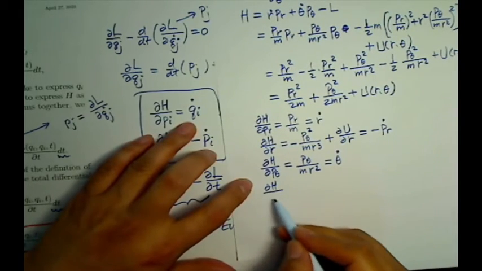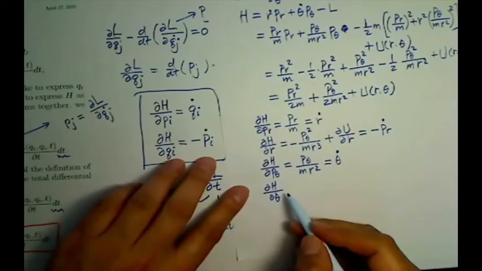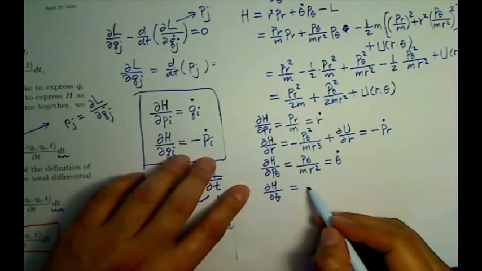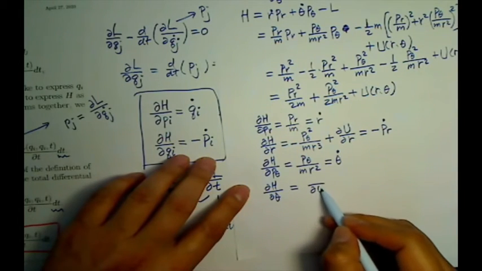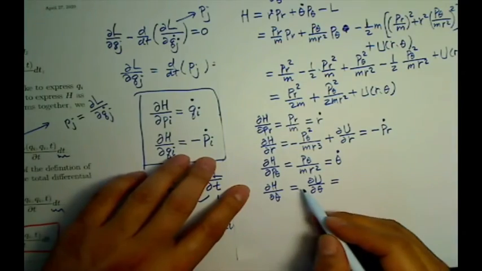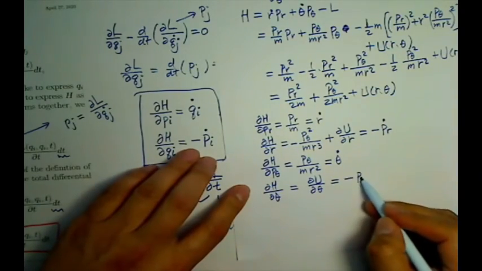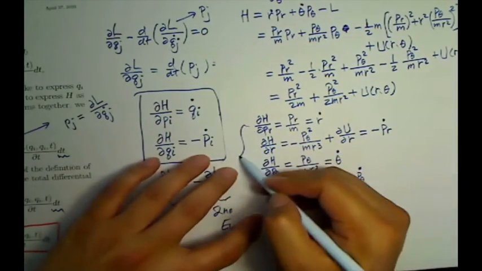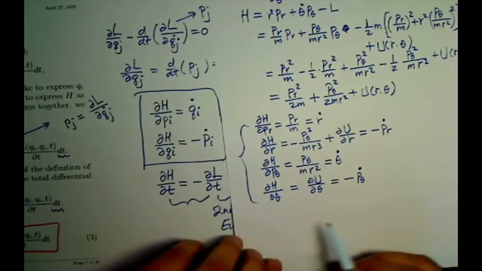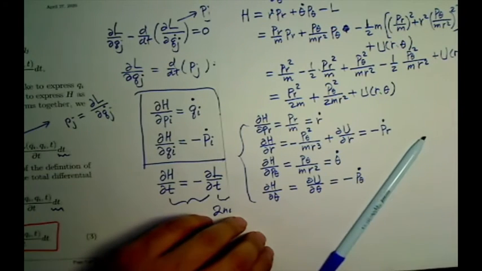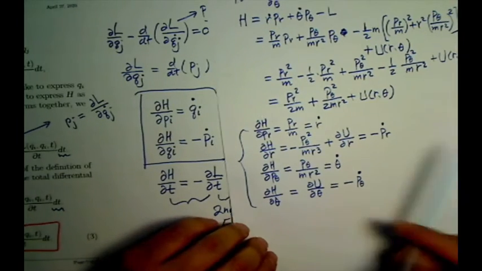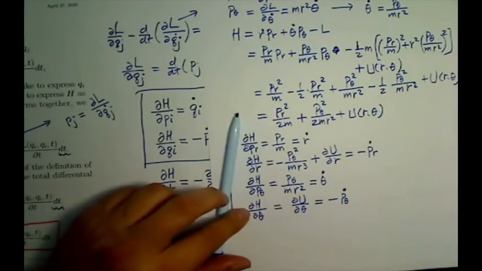In Hamilton's equation for theta, the dependence only appears here, in the potential energy, and equals minus p theta dot. We have 4 first order differential equations. Those are Hamilton's equations. All right.